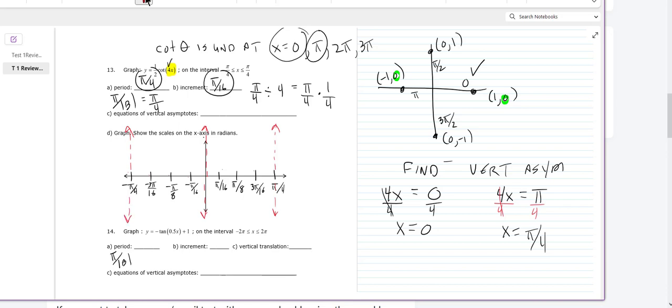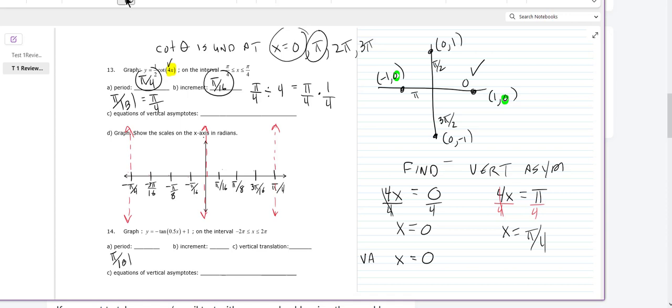Okay. So what you want to do on this now, when you do an equation of a vertical asymptote, you can do this in one of two ways. You can either look for a pattern, or you can just do a formula. The formula for a vertical asymptote of a cotangent is going to be x equals, just pick any asymptote you want to, but I'm going to pick the lowest one.